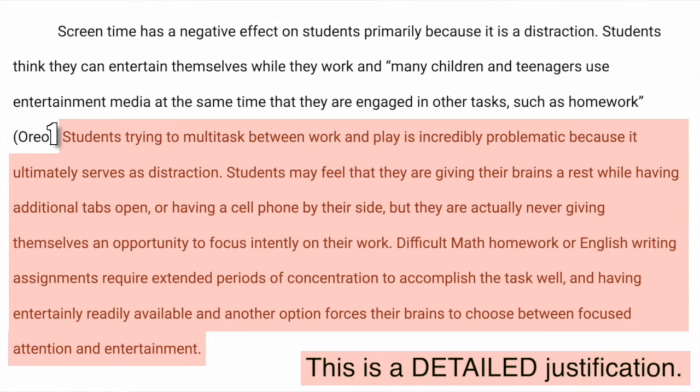And then after that, I have 1, 2, 3, 4, 5, 6.5 lines after the evidence. And all of that is going into detail and justifying my position. And that is going to require multiple sentences. Here, it took me 3 sentences to explain myself, which ended up being 7 lines when I typed it out.